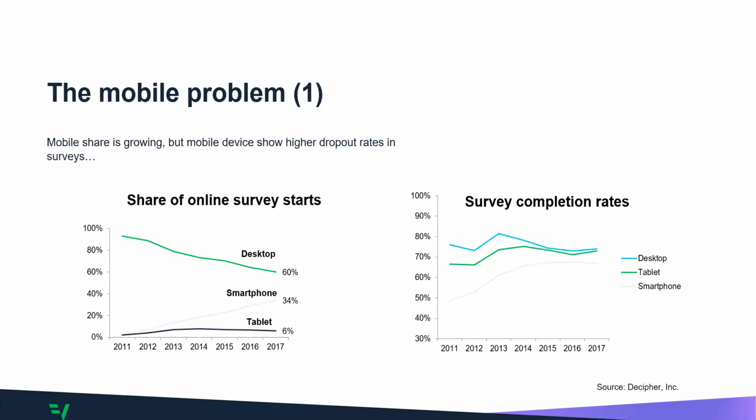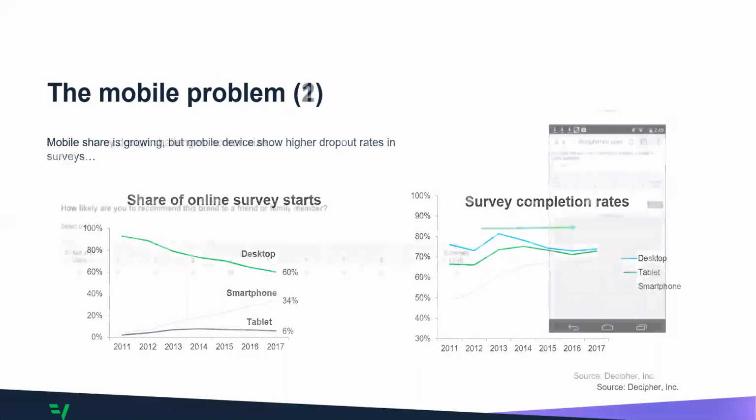Certainly at FocusVision, especially around 2013, 2014, we were paying attention to how our platform was rendering, and making sure that we were a very mobile-focused, mobile-first type of platform. So you see that improvement in completion rates for smartphones in 2016 and 2017, where the gap has significantly shrunk.